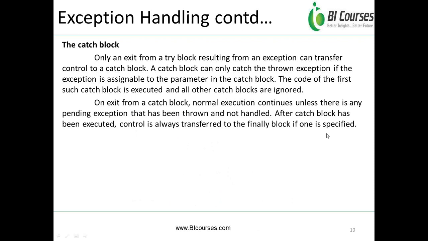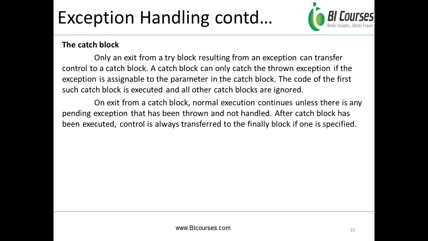For a catch block, only an exit from a try block resulting from an exception can transfer control to the catch block. So if an exception arises during execution of a set of statements, control can go to the appropriate catch block. A catch block can only catch the thrown exception. Whatever exception has been thrown from those statements, if you are handling it in the catch block, then control will transfer.